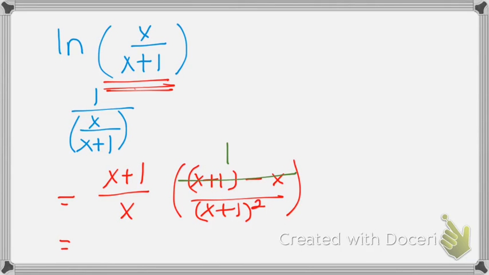Okay, anything else that you could do? See, really, all of that, all the top is x plus 1 times 1. All the bottom is x times x plus 1 squared. I can get rid of one of these x plus 1s because one of them's on top and one of them's on bottom. And I'm left with 1 over x times x plus 1.